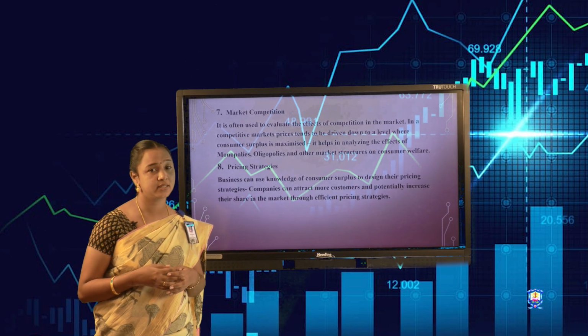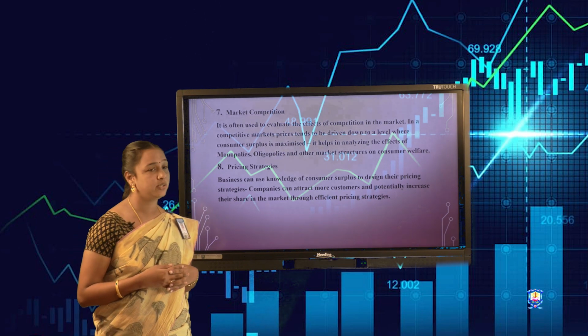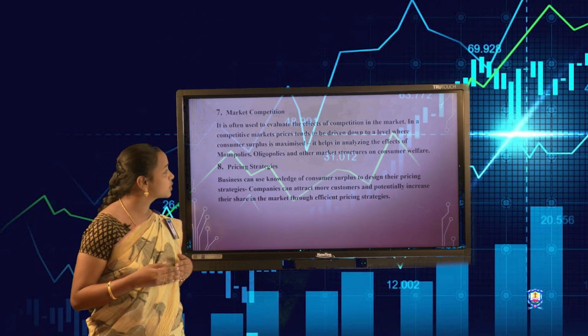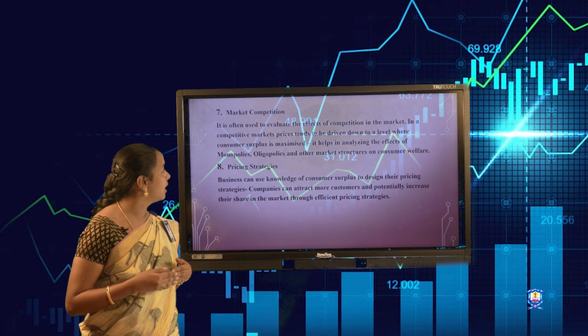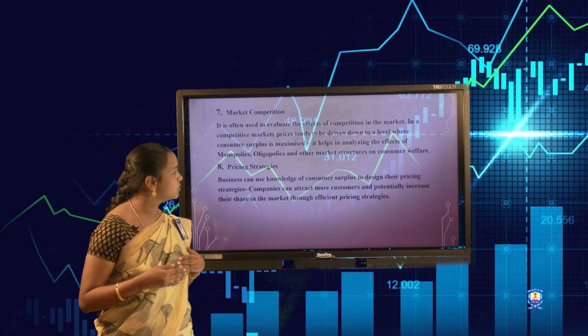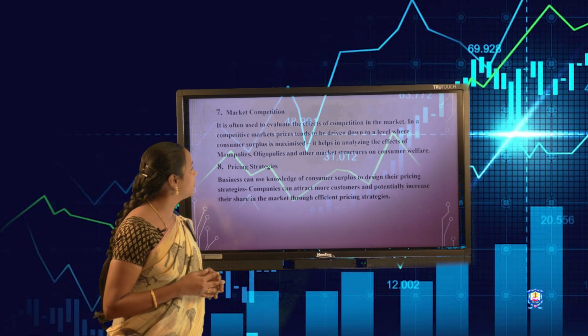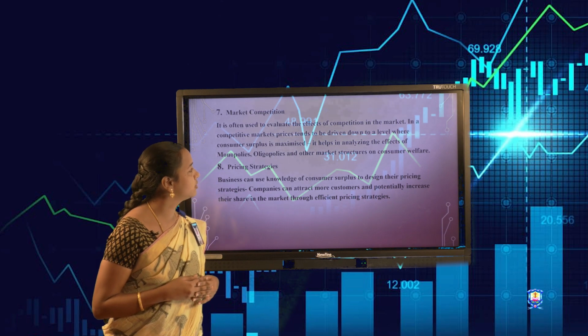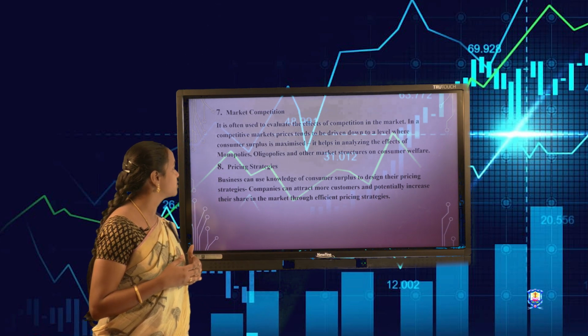Next point is market competition. It is often used to evaluate the effects of competition in the market. Competitive market prices tend to be driven to a level where consumer surplus is maximized.